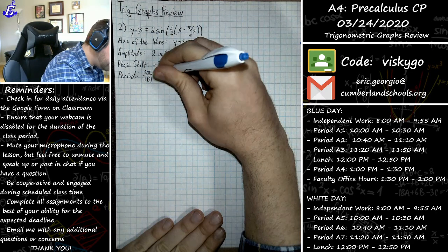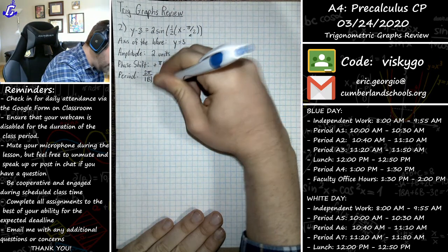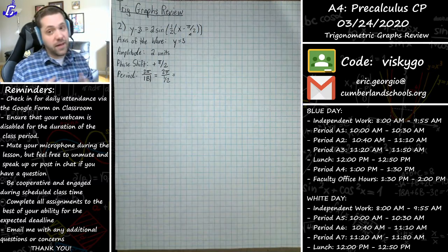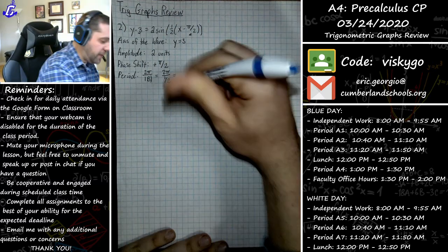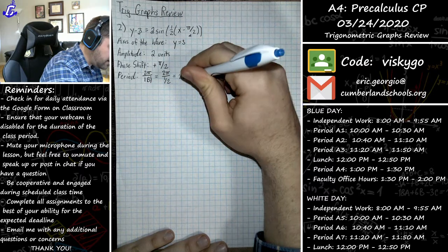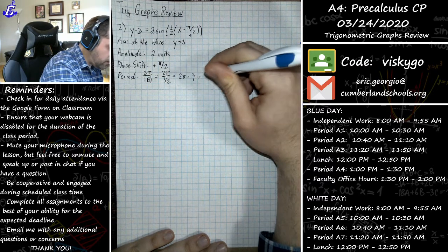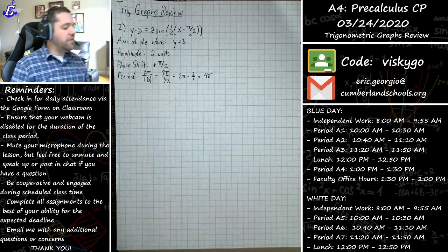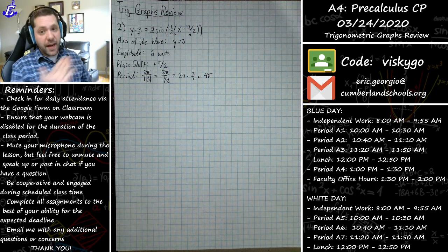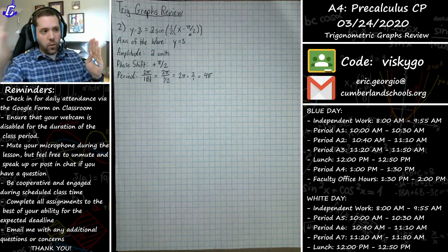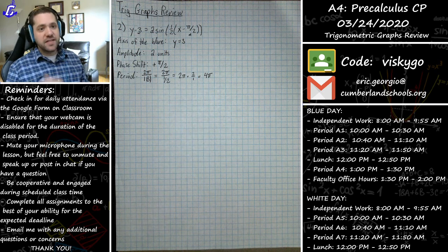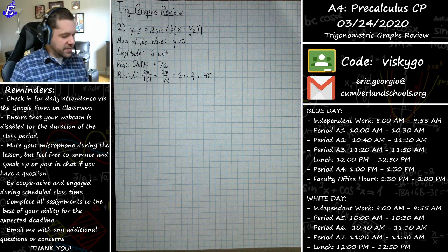So I can say this is 2 pi divided by 1/2 should be the period. Again, to divide by a fraction, we don't freak out and panic. We just multiply by the reciprocal. It's 2 pi times 2 over 1, which is 4 pi. So that means after starting at pi over 2, it's going to take 4 pi units for the graph to get through a whole complete cycle.